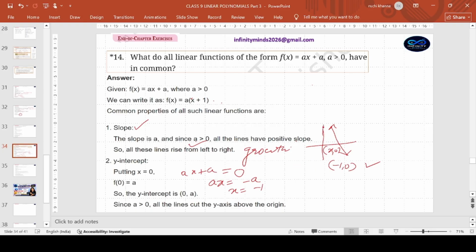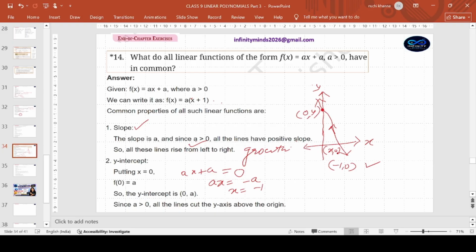Another conclusion: where can it meet my y-axis? If it will meet the y-axis, what would be 0? Your x is going to be 0. For any line meeting the y-axis, the x-coordinate will be 0. A line meeting the x-axis, the y-coordinate will be 0.